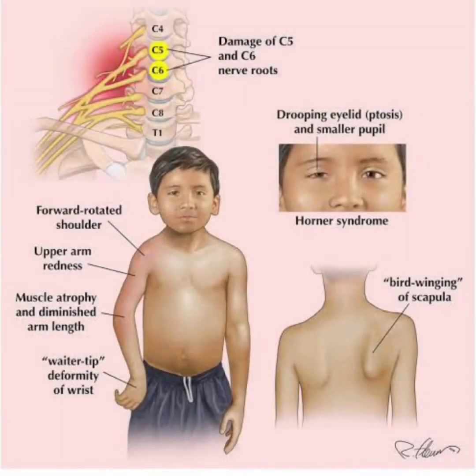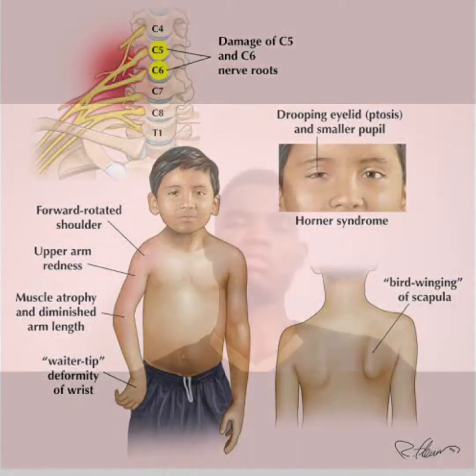When there is damage to the C5 and C6 roots, it results in Erb's palsy, and it majorly occurs when there is difficulty in childbirth. That is, the arm of the baby is stretched during vaginal delivery, so it results in damage to the nerve roots C5 to C6, leading to Erb's palsy.